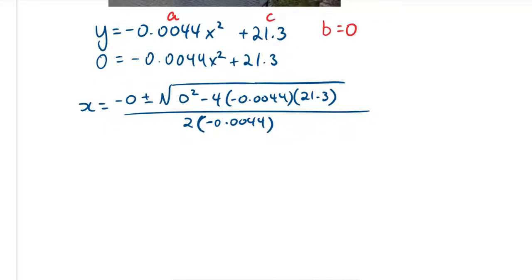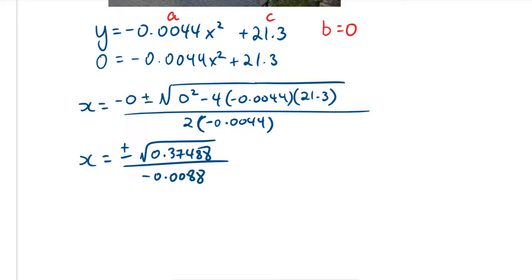You simplify all of this, and you're going to get x equal to plus or minus the square root of 0.37488 divided by negative 0.0088, which will give us two answers, one plus, one minus.